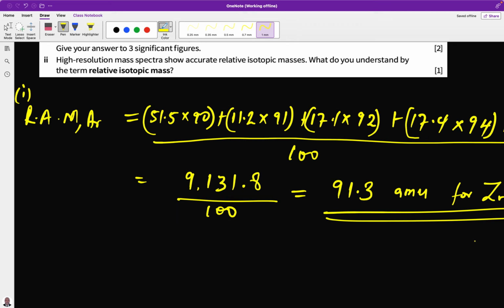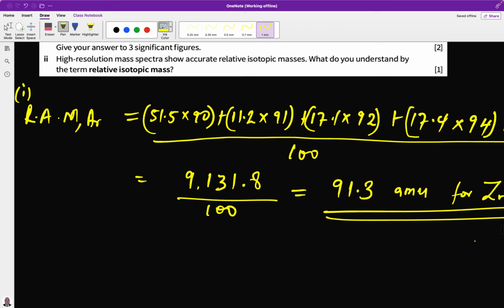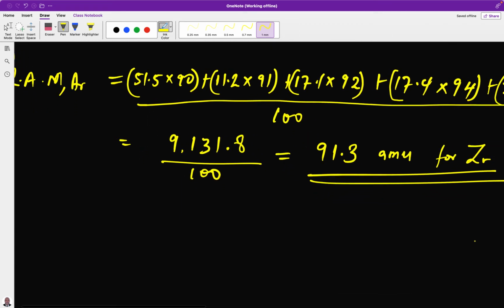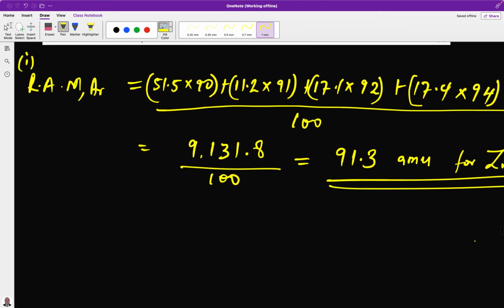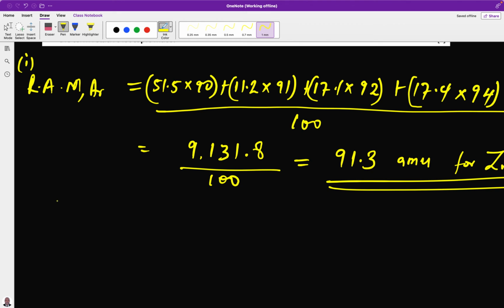What do you understand by the term relative isotopic mass?